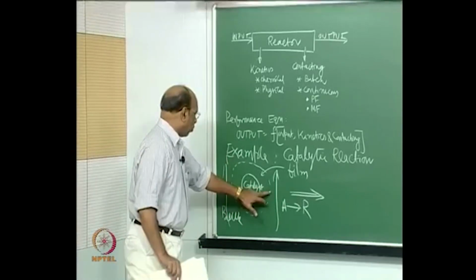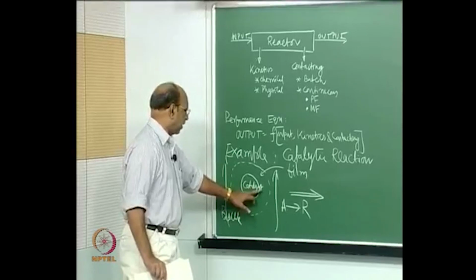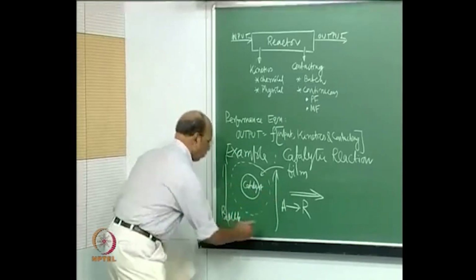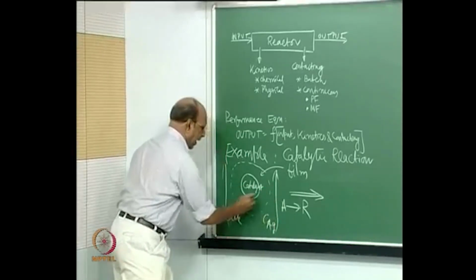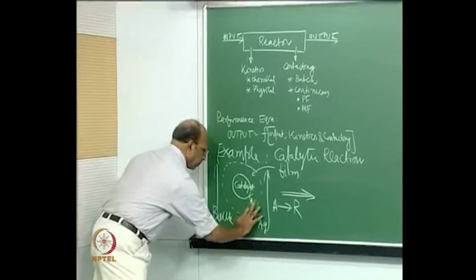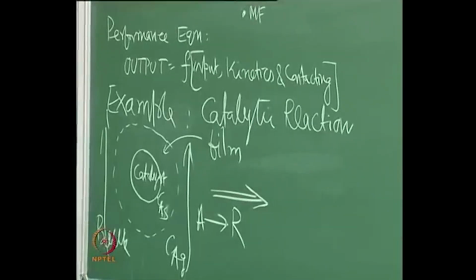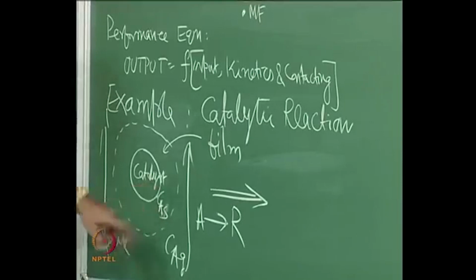Then it has to go through the film where there is some resistance, and you may have a slightly different concentration in the bulk, we call that CAG, and on the surface it is CAS, right.